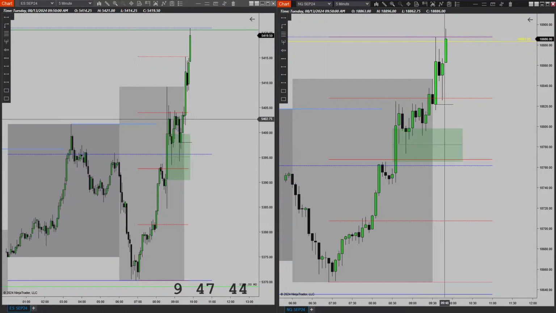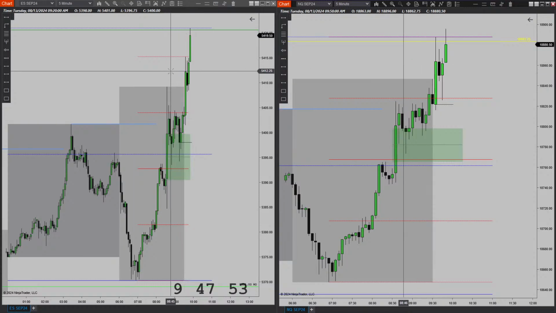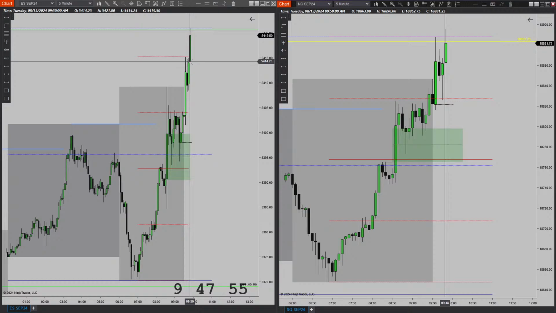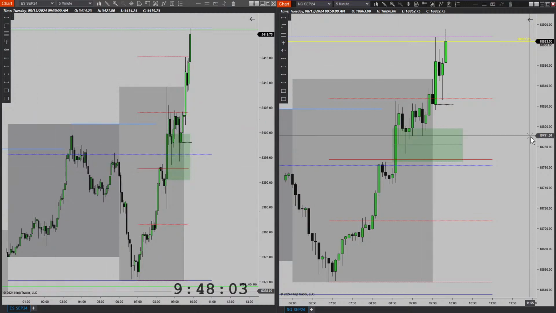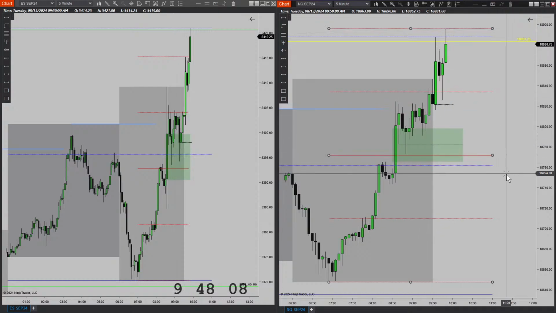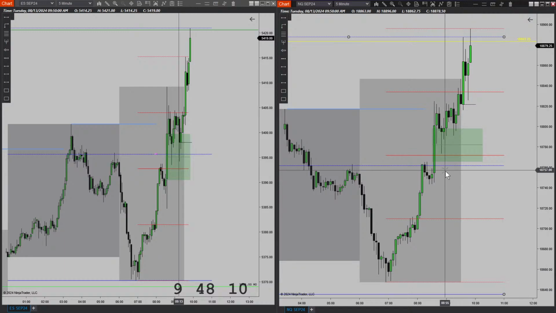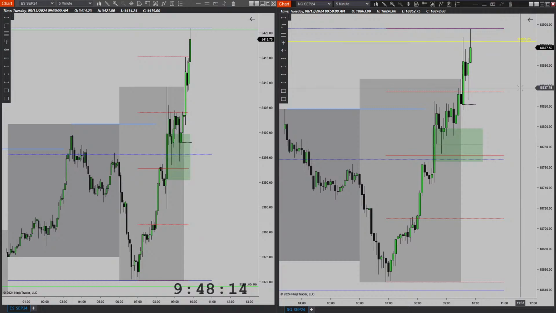No imbalances down here. On the 15-minute, we did draw an imbalance off of the 945 candle, which is from this low to this. I think it was somewhere here, but I'm not going to add that until obviously the candle itself closes. So still watching.